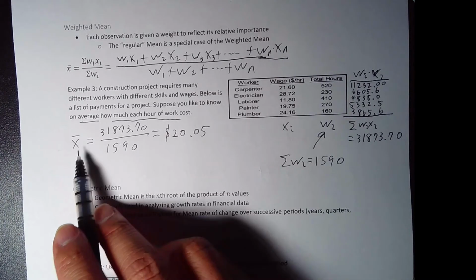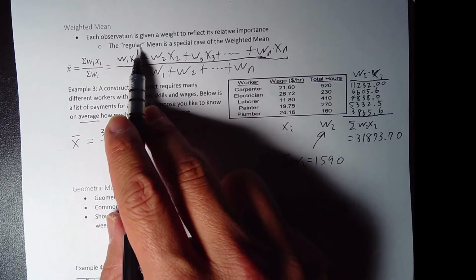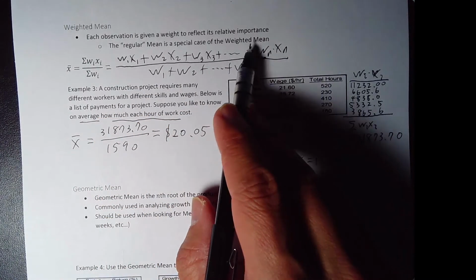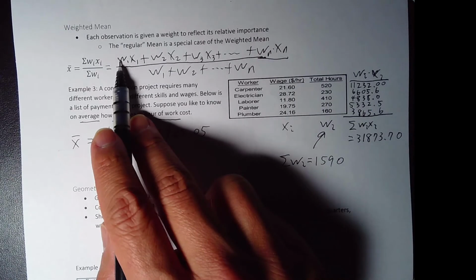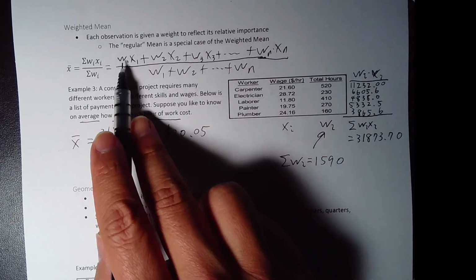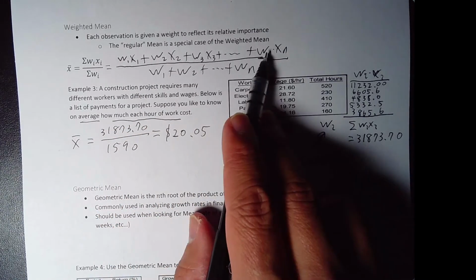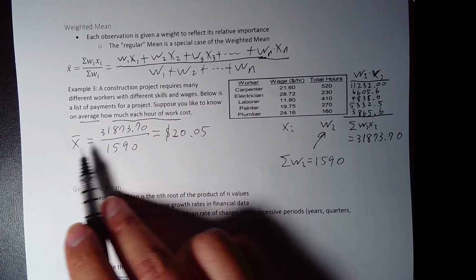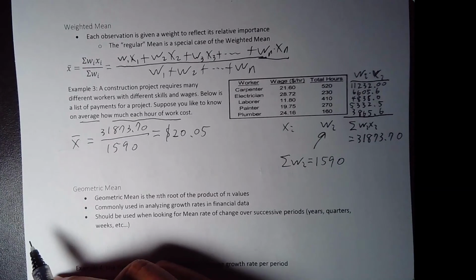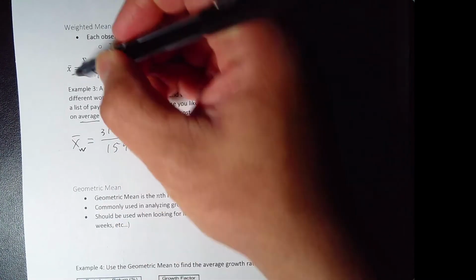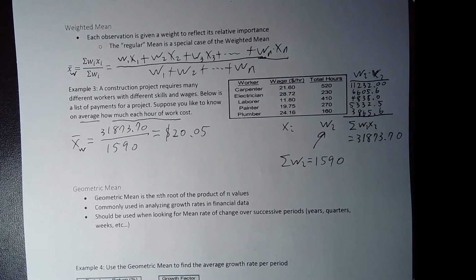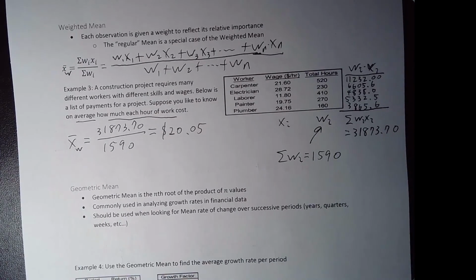The regular sample mean is really just a special case of the weighted mean. If you think about it, for the sample mean, all the W's are just 1. If you replace every one of these with 1, then you will get the sample mean. So we can use the same notation. But if you like, you can also put a W here so that you can indicate that this is a weighted mean.